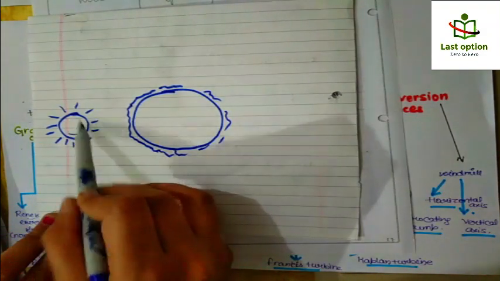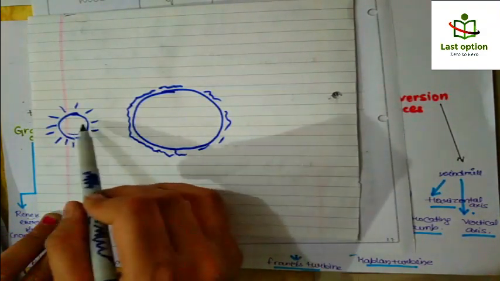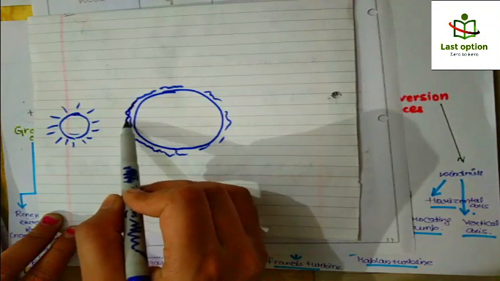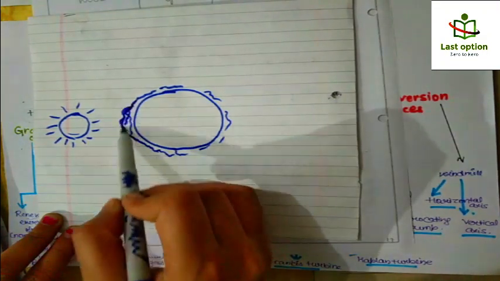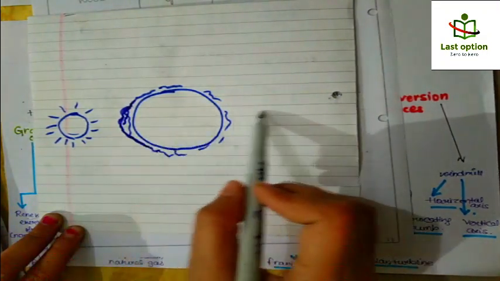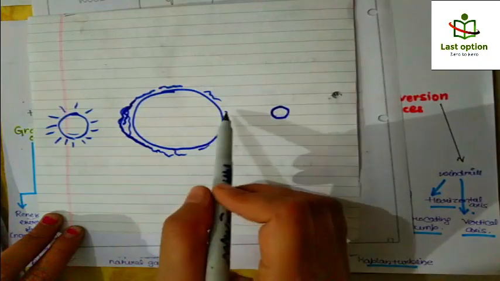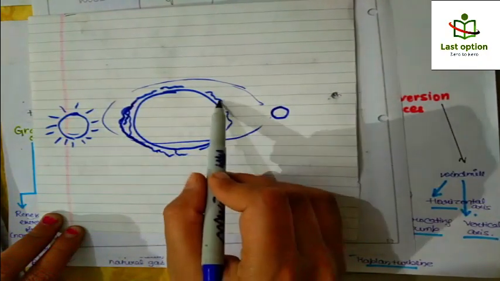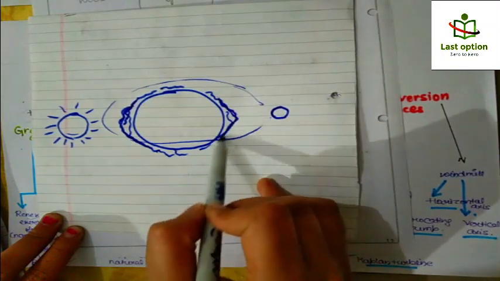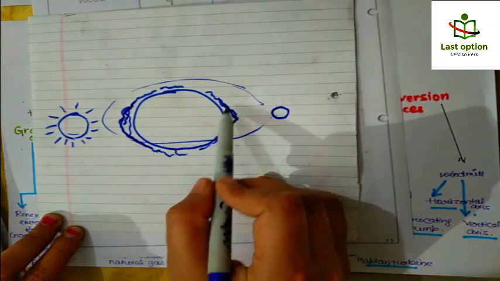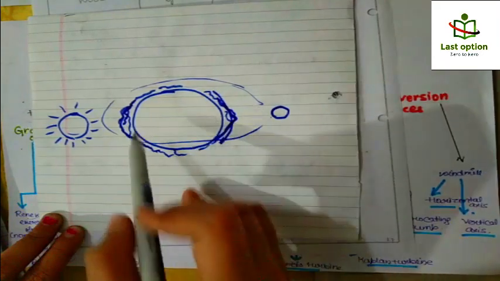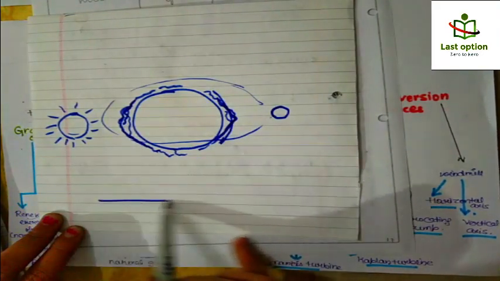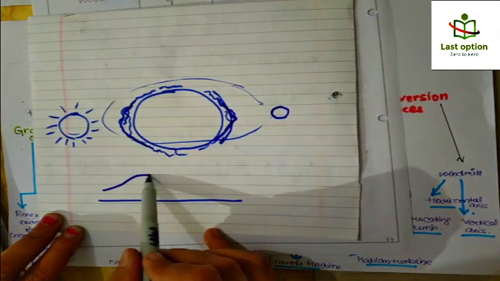Due to the sun, there is some gravitational pull on this water, so it bulges like this. There is also the moon here, which keeps moving, and the moon also pulls some of the water above this level. In this way, the water on the surface of the Earth becomes like this.